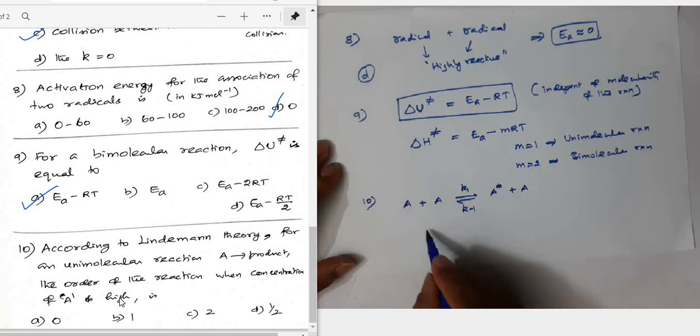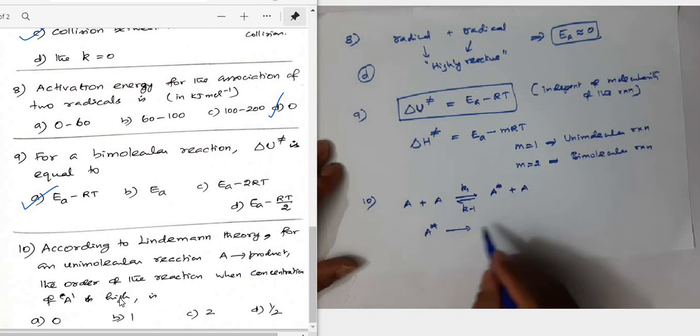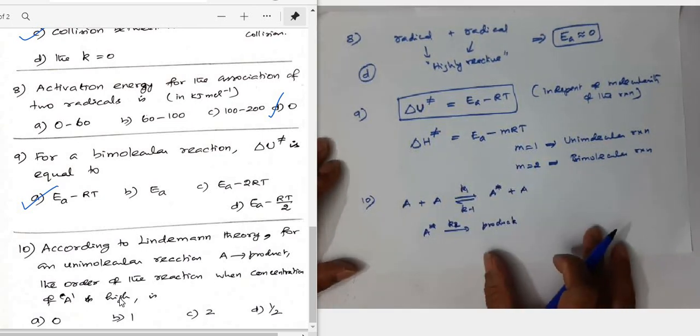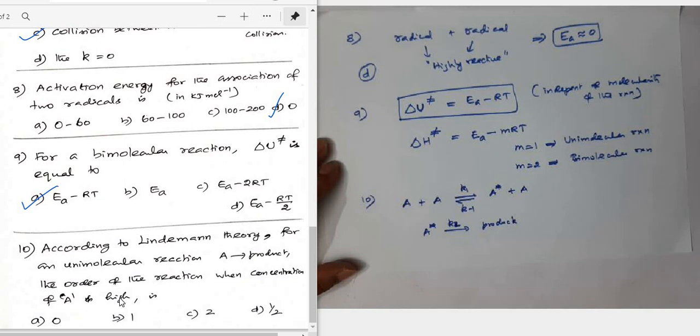This activated molecule undergoes further reaction and forms product. For this product formation step the rate constant is k2. Now this is the general mechanism for a unimolecular reaction.